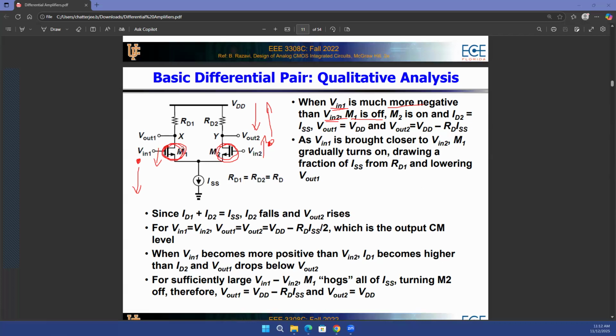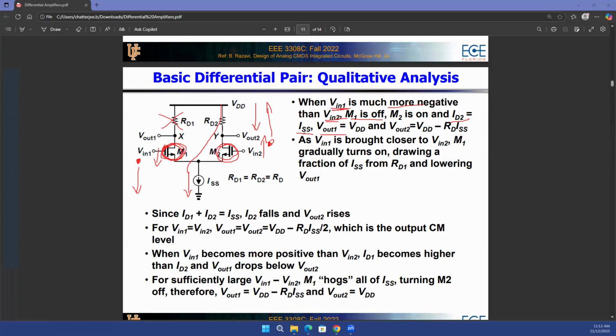If the transistor is on, there would be current through it. So in that case, this ISS current, the entire current will flow only through the right side branch. There will be no current on the left side branch because the transistor M1 is off, as your Vin1 is very, very negative. Okay. So your ID2 is going to be ISS.